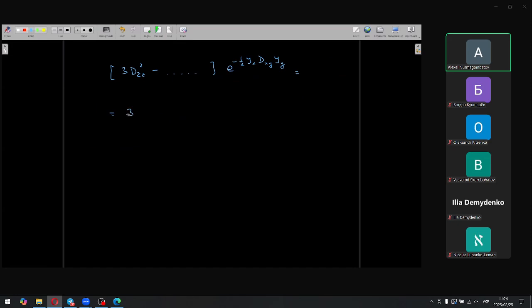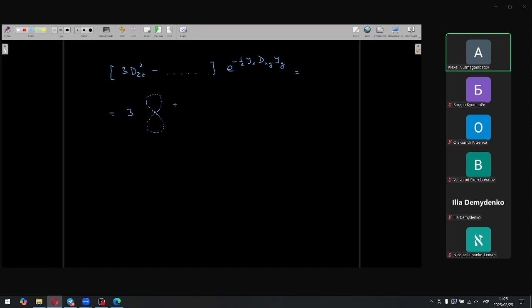So with the factor 3, it will correspond to the following picture. Let's denote this propagator as this dashed line, and we have here the combination of two propagators which start and end in exactly the same point.